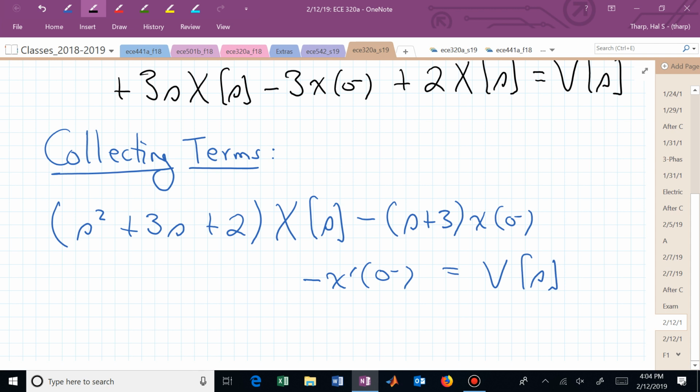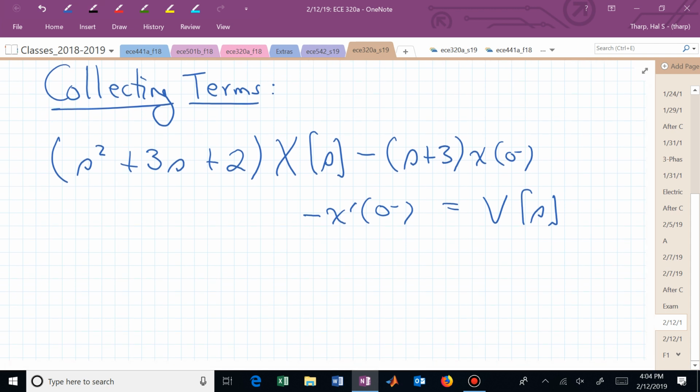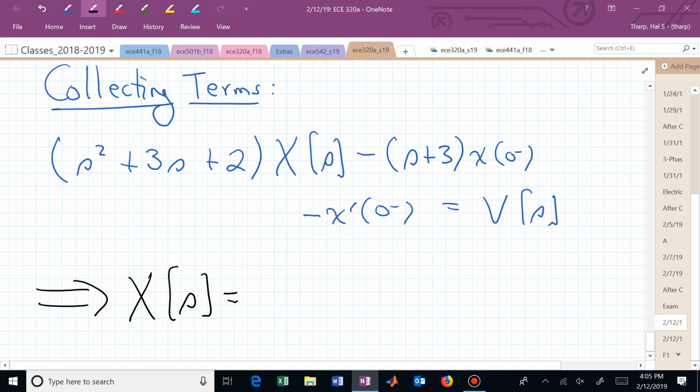Let's now solve for capital X of s, or isolate that, by dividing every term by this polynomial that's weighting or scaling capital X of s. This expression we can rewrite as capital X of s, and I'm going to group this into two pieces. One piece will involve capital V of s, and another piece will involve all of my initial conditions.